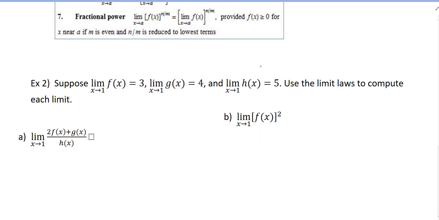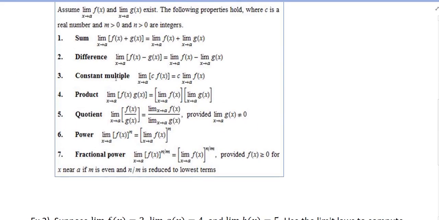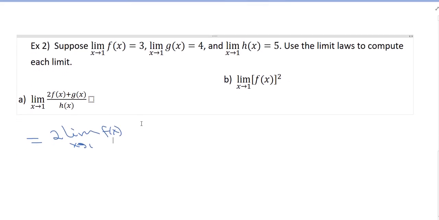As h goes to 1, the limit is 5, so we're okay. So then I can say this is 2 times the limit as x goes to 1 of f of x. I'm using the constant multiple formula. If I have the limit as x goes to a of c times f of x, I can put the c in the front. So that's the one that I'm using.